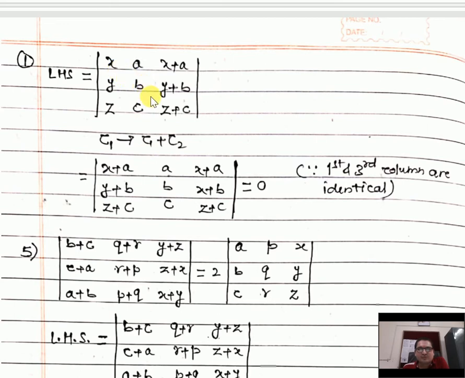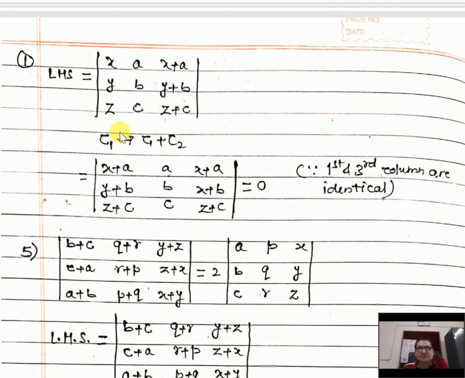So what we do, see, if any two rows or columns are identical, then the determinant will be 0. If you add C1 and C2, then you will get x plus a, y plus b, z plus c.